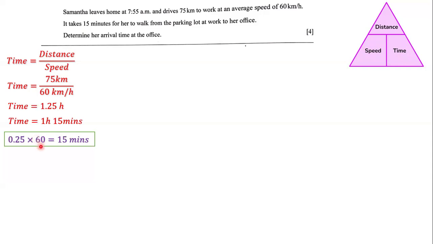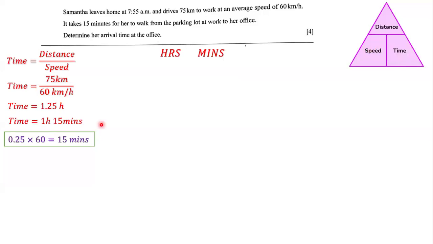Well, we know that 1 hour is equal to 60 minutes. So 0.25 of an hour, in terms of minutes, is equal to 0.25 multiplied by 60, and that gives us 15 minutes. And so that means that the time taken is 1 hour and 15 minutes.